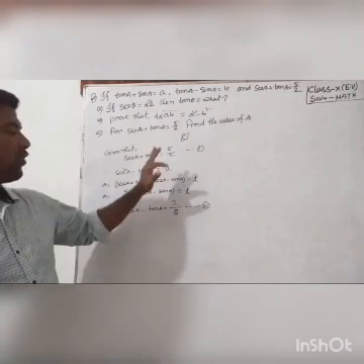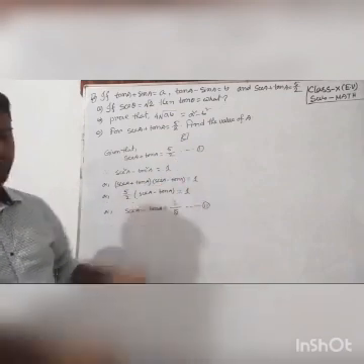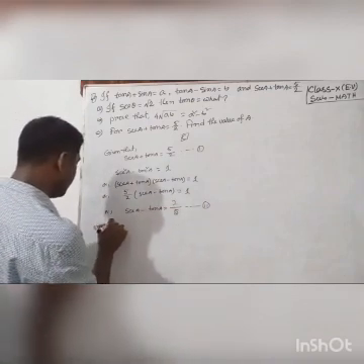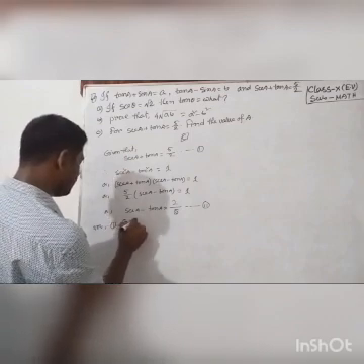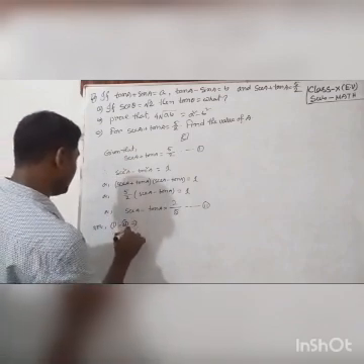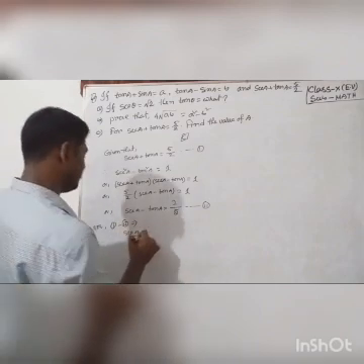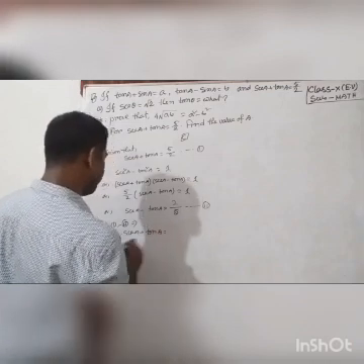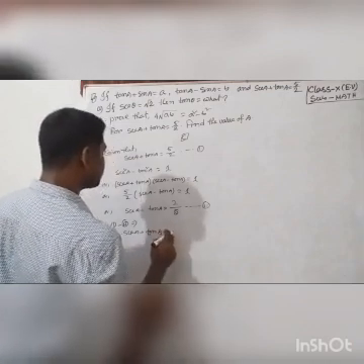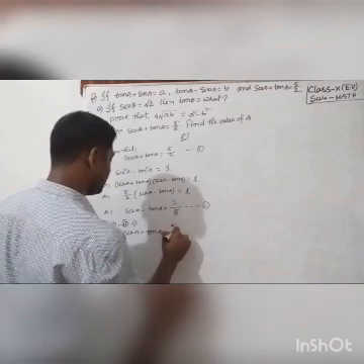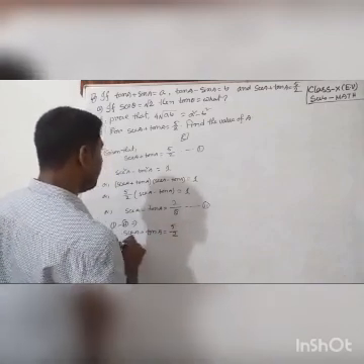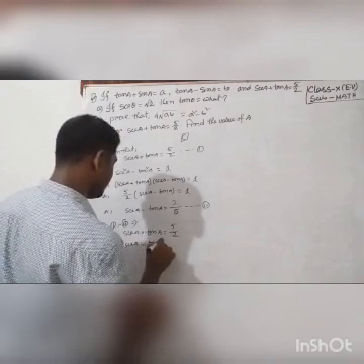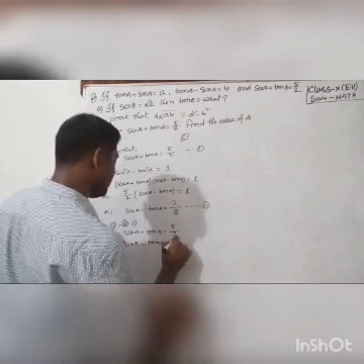Now we add equation 1 and equation 2. Sec a plus tan a equal 5 by 2, and sec a minus tan a equal 2 by 5.